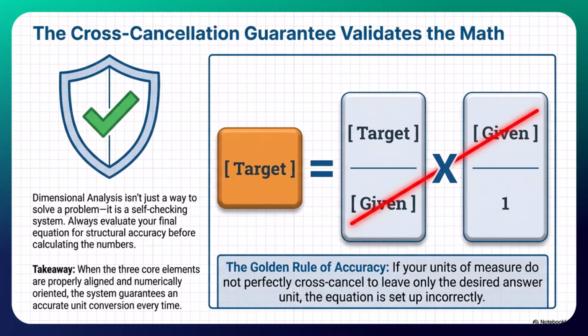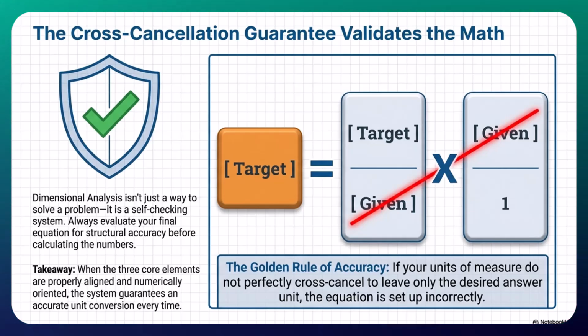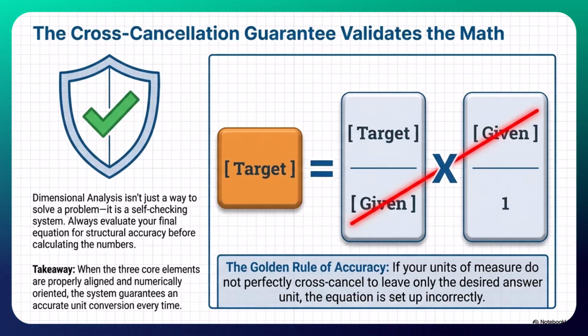So go back and try to figure it out again, okay? And your key takeaway from this is when the 3 core elements are properly aligned and numerically oriented, the system guarantees an accurate unit conversion every time. That's what makes dimensional analysis safe. And we want you all to become very safe nurses.